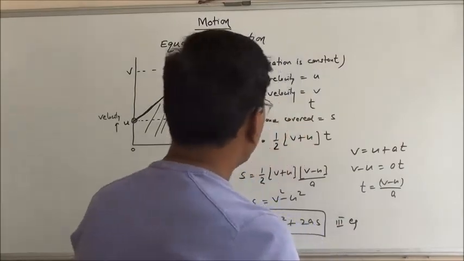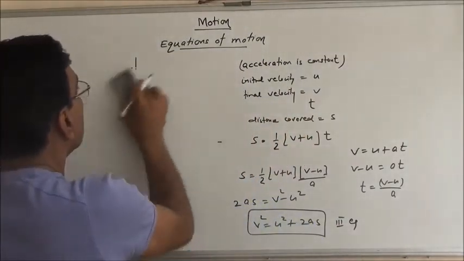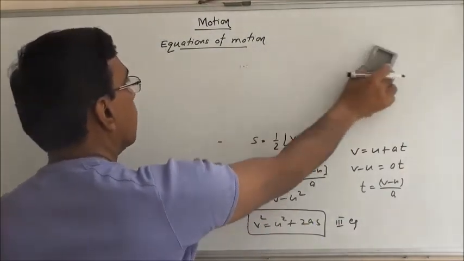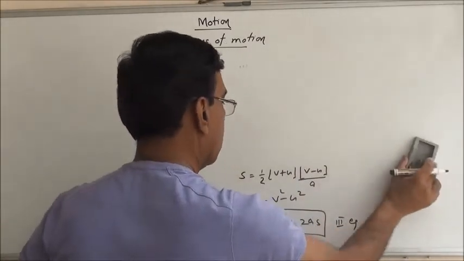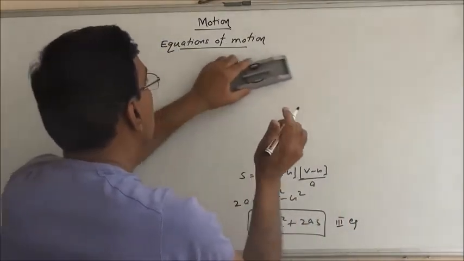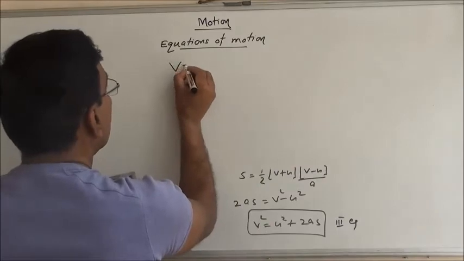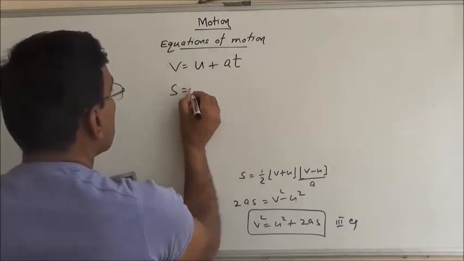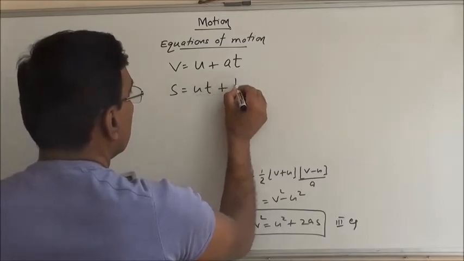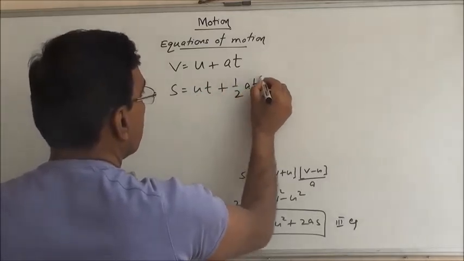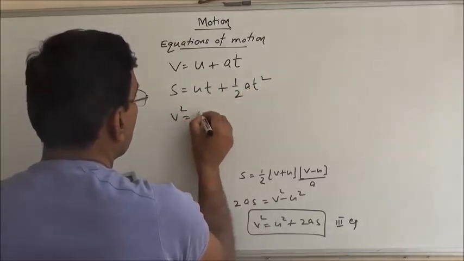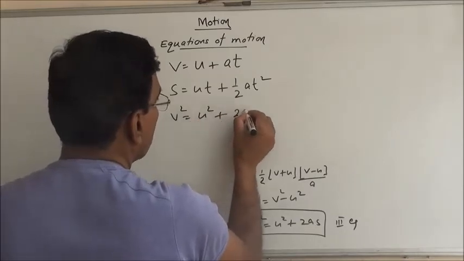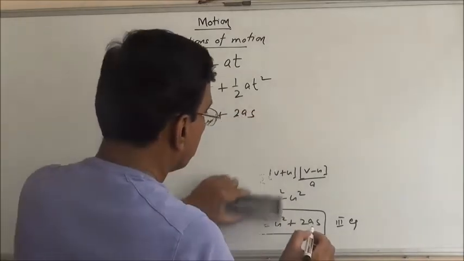Okay, so now: v is equal to u plus at, s is equal to ut plus half at square, and v square is equal to u square plus 2as.